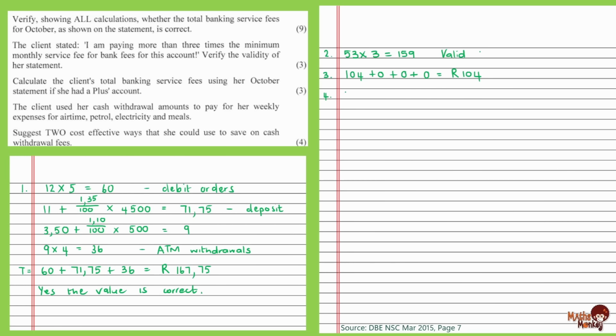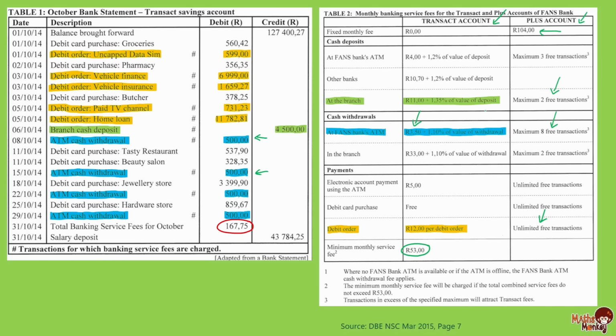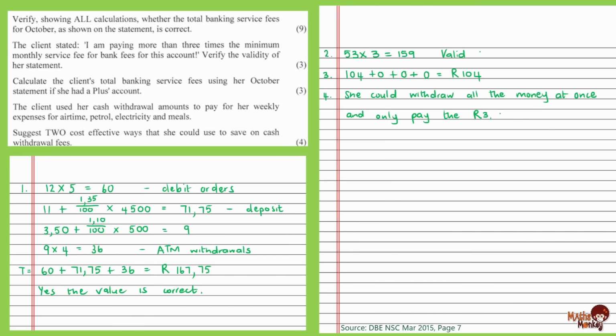So I would say number 1, she could withdraw all the money at once. She could withdraw all the money at once and only pay the, how much was it? The 350 once.